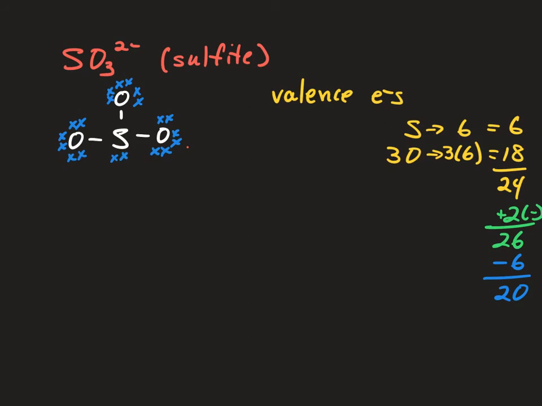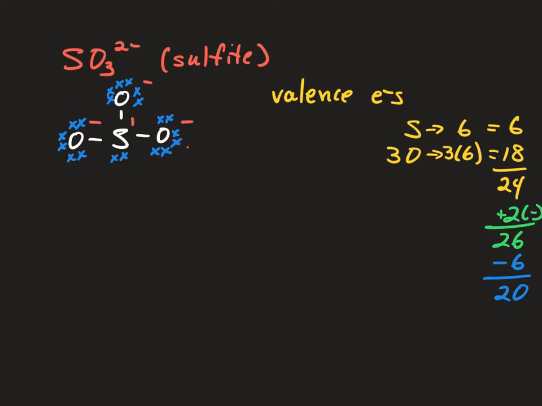Now at this point, everything has an octet. We might think we're done, but remember, we're not done until we consider the formal charges, right? When we consider the formal charges, each of those oxygens has a negative formal charge.